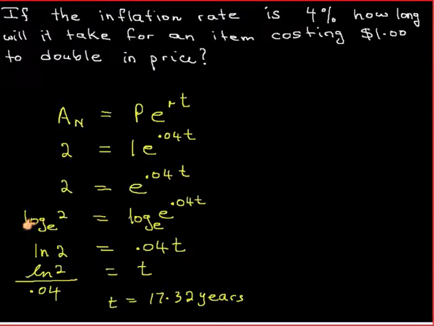Now if we ln both sides, or log base e both sides, we will get ln2 is equal to, and using our logarithmic rules we've learned in earlier videos, we know this will basically go away, and you have 0.04t. Solving for t, we get 17.32 years. So it'll take about 17.32 years for an item that cost $1 to double in price if the inflation rate was 4%. That's pretty good.